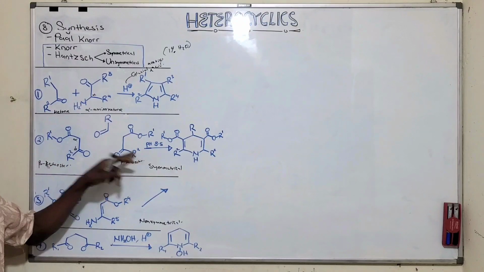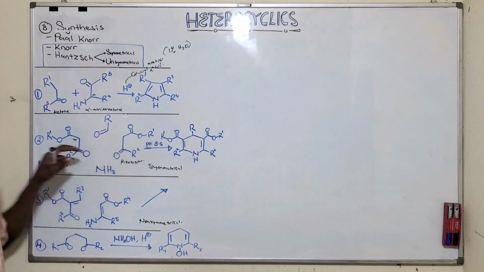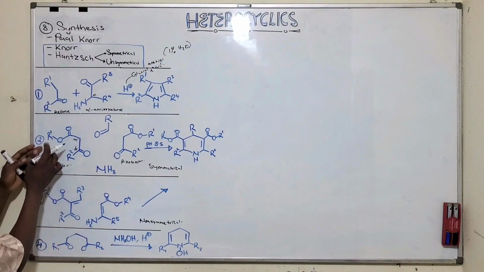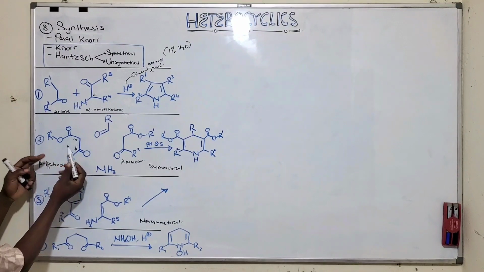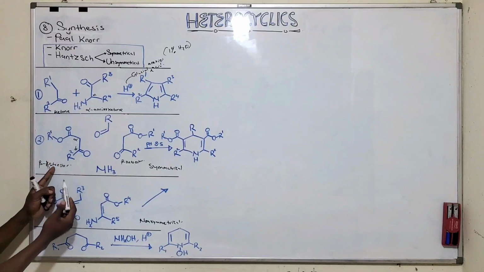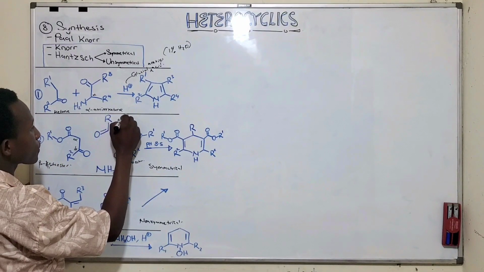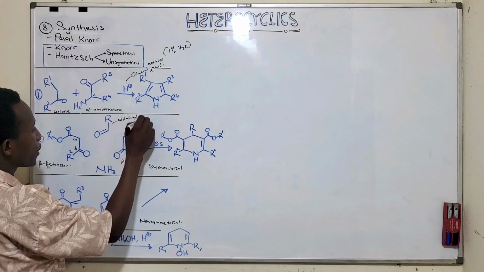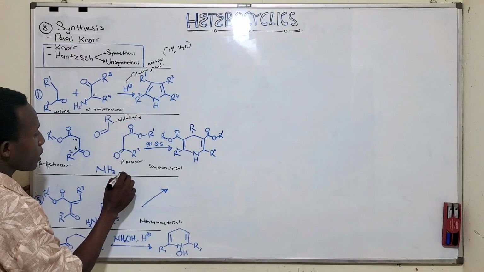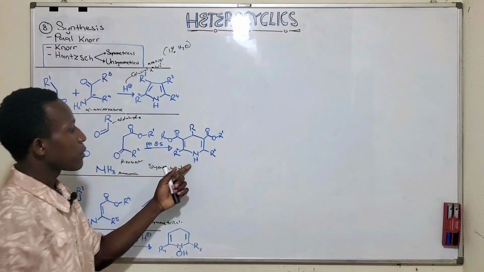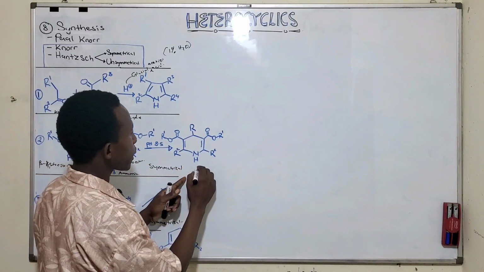R2 is the same as R2 and R1 is the same as R1. So this one can be any group, can be ethyl group, propyl group, like any other group here, but it should be a beta keto ester. Then this is an aldehyde, and you have ammonia here. We can synthesize pyridine. This is dihydropyridine.